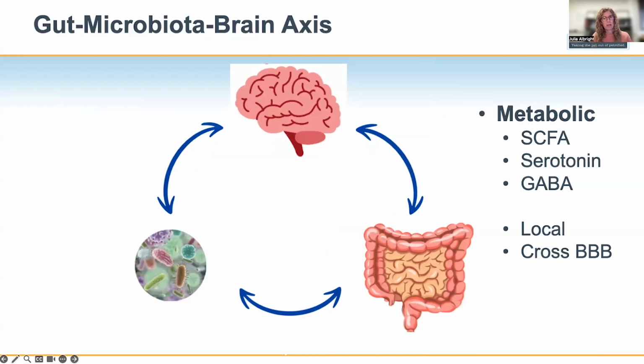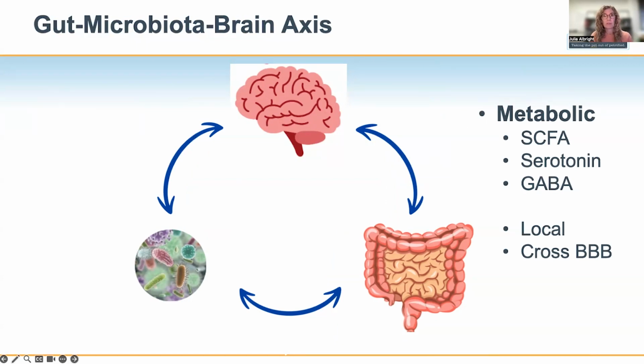We've already talked about the metabolic pathway, in other words, the metabolites that the microbiome makes and how that can affect the host system. Short-chain fatty acids, we've already mentioned a couple of times, are really critical anti-inflammatory factors in the body, among other things.